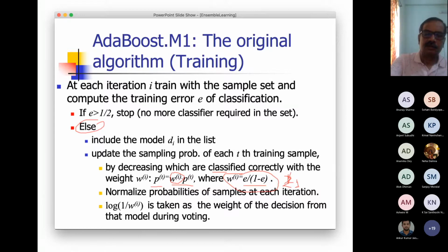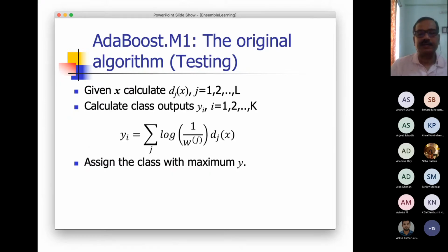When we go for decision fusion, it is the weighted sum of the decisions. In the same way as we discussed earlier, decision fusion takes place when there are L classifiers and K classes.